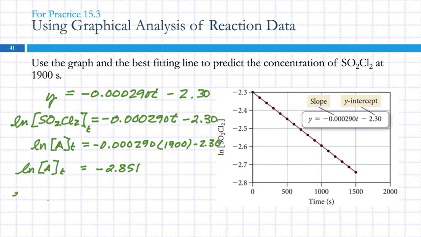So what we'll do is we'll take e to the x of both sides. So e to that equals e to the negative 2.851. Here we have log and anti-log canceling each other out. So the concentration that we're looking for is e to the negative 2.851. And your calculator should have a button for that.